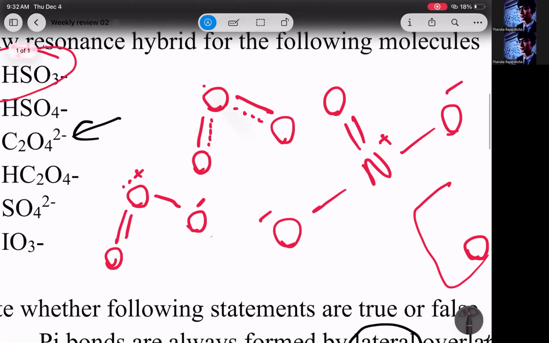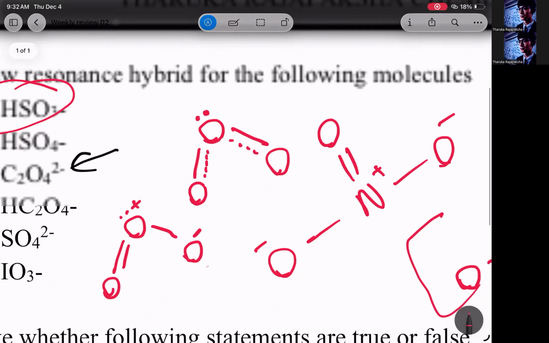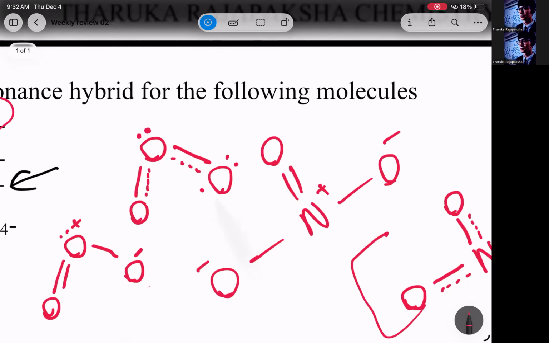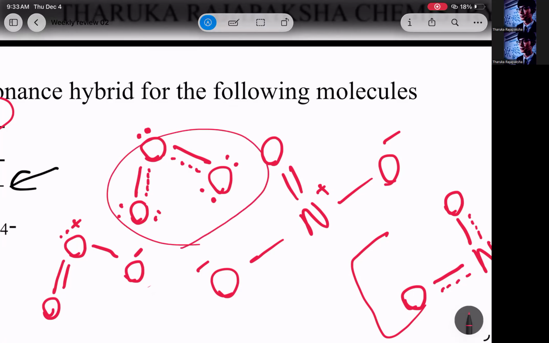You can draw the resonance structure by putting square brackets. This is the resonance structure for ozone, so this is the resonance hybrid of ozone.